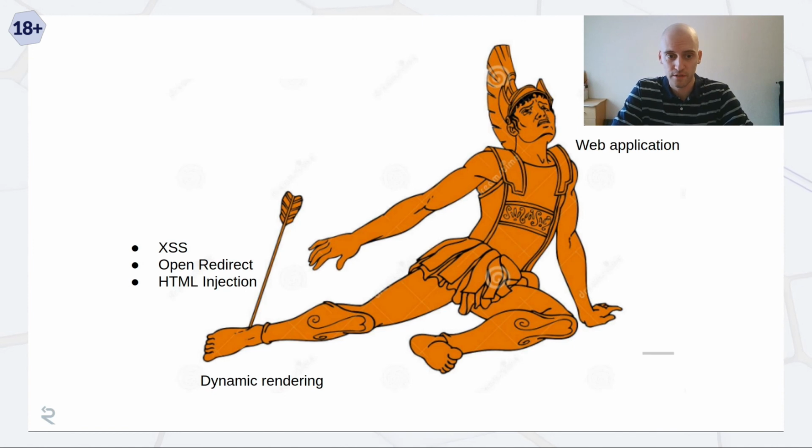And in this scenario, a small minor vulnerability or weakness like XSS, open redirect or HTML injection may turn into something more severe and may allow, for example, taking over the server if you're able to retrieve some tokens, or performing an SSRF as it is.